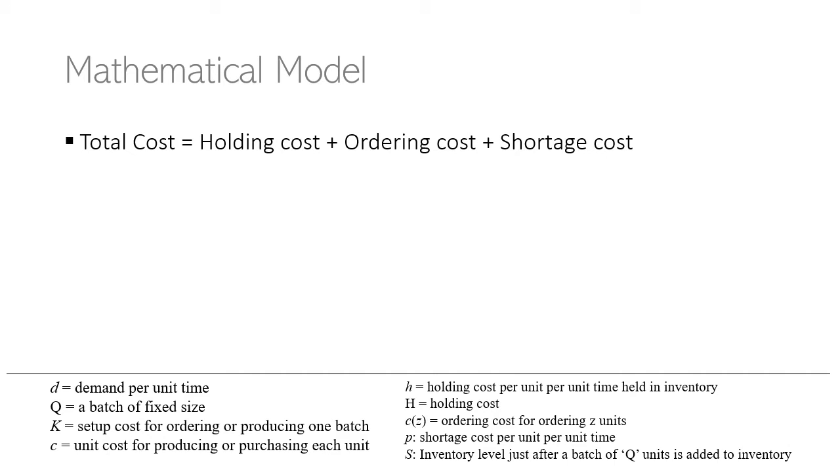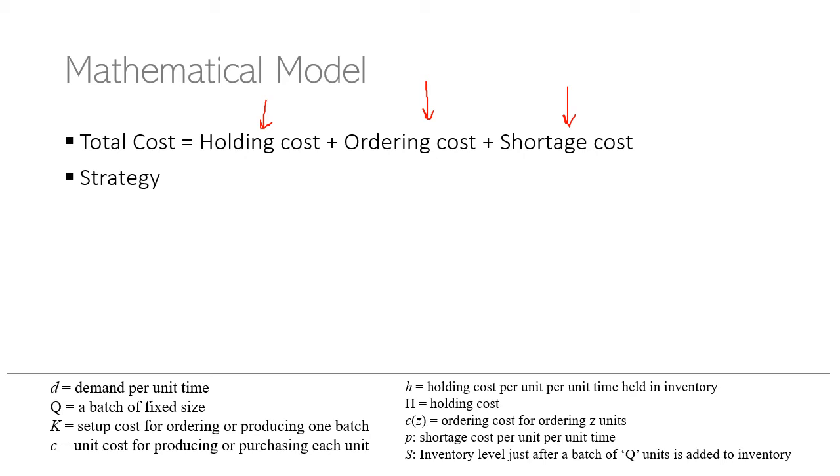We know that total cost is simply the sum of these three components, and in this model we have the component of shortage cost because we allow shortages to occur. In the previous model, this component was not there as we did not allow shortages. Then we have ordering cost and holding cost.